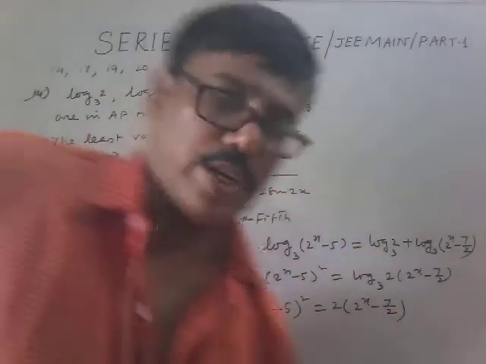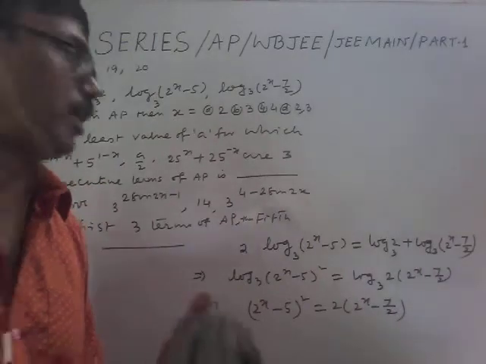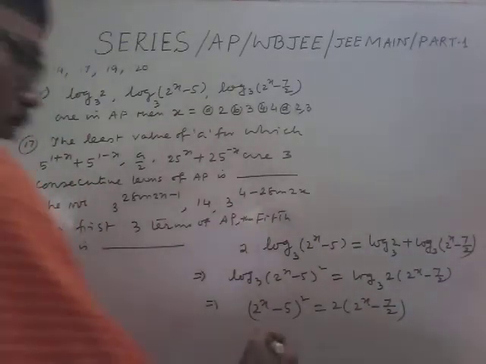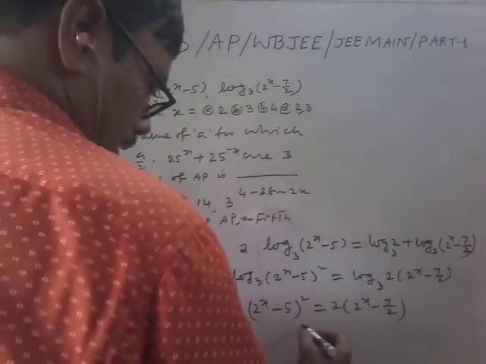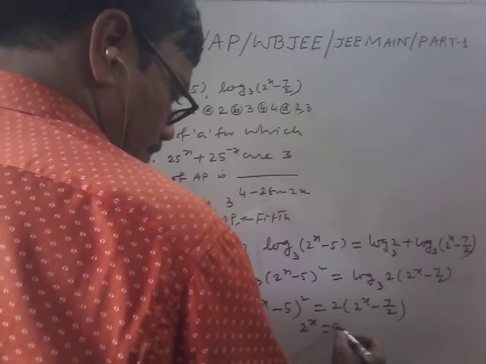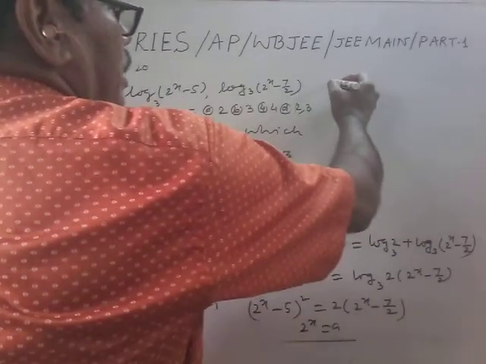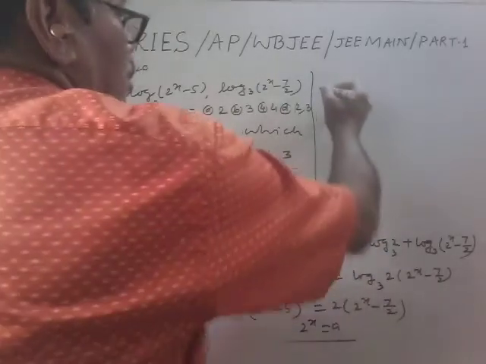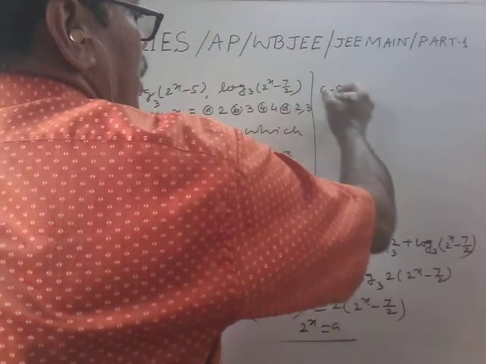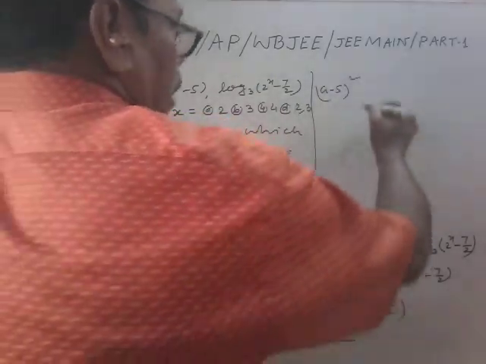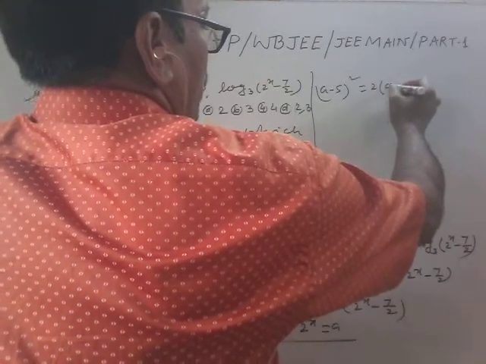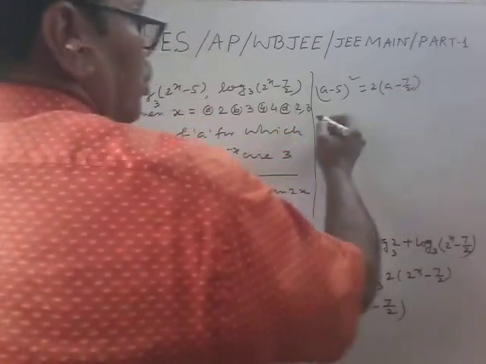Now it reduces to a problem of indices. Now if we consider 2 to the power x as a, then the equation reduces to a minus 5 whole square equals 2 into a minus 7 by 2.